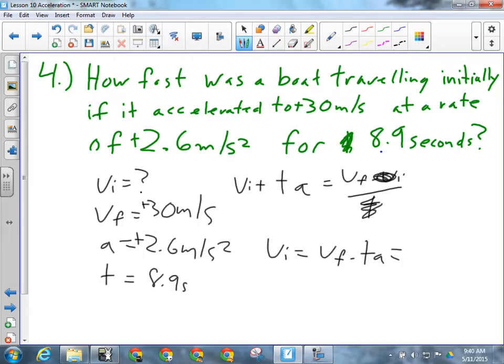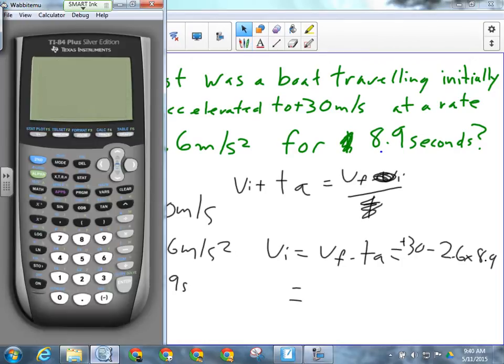Now we can plug in our numbers. We've got positive 30 meters per second minus 2.6 times 8.9. So 30 minus 2.6 times 8.9. Whoa, no, 89.